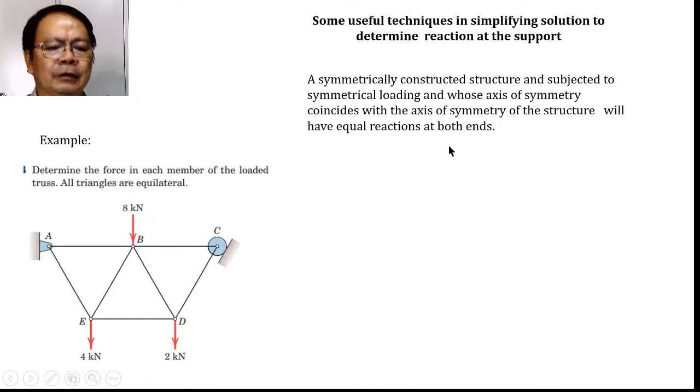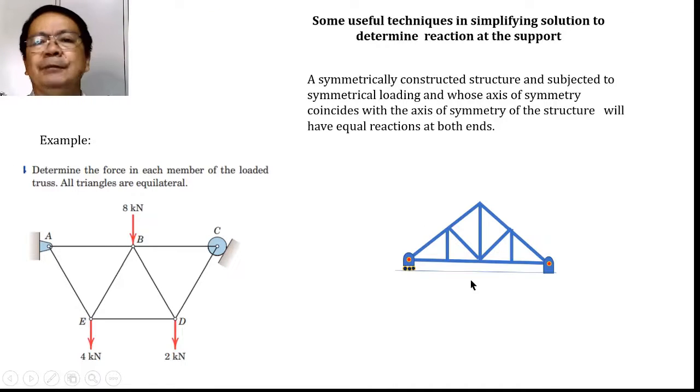So, pakita natin, halimbawa, meron tayo dito isang simpleng structure, isang simple truss, which is symmetrically constructed. Ang ibig sabihin ng symmetrically constructed, yung dimension nito ay equal dito, itong dimension na ito equal dyan. Ibig sabihin, pag hinati mo siya sa gitna, what you would see on the left would also be seen on the right.